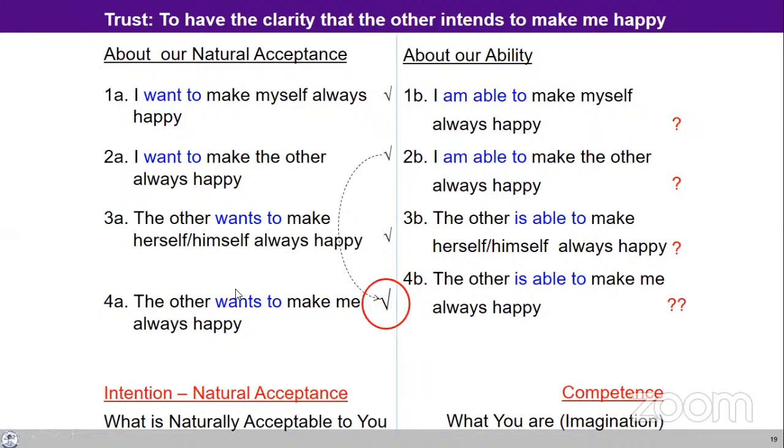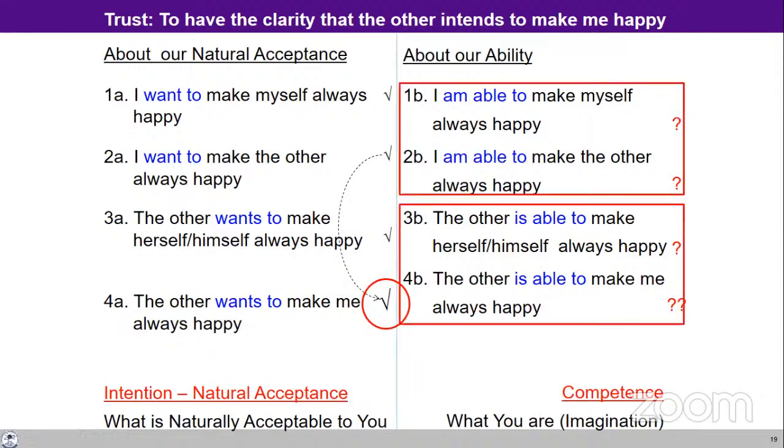When I am doubting the intention of the other person, I can see that I want to make the other happy because it's my natural acceptance. In the same way, the other also has this natural acceptance. But with the doubt on intention, I may not be able to see this. That's the reason for mistrust. So this proposal also we can bring before the students.